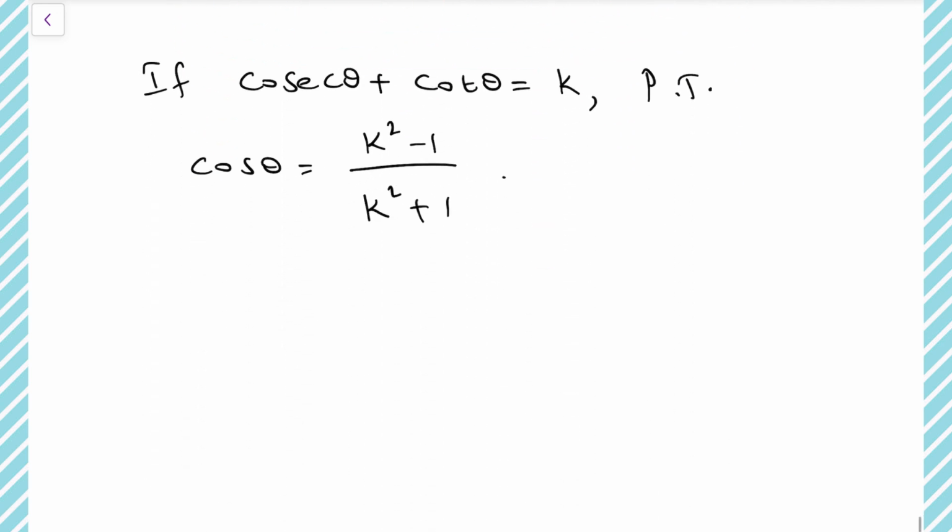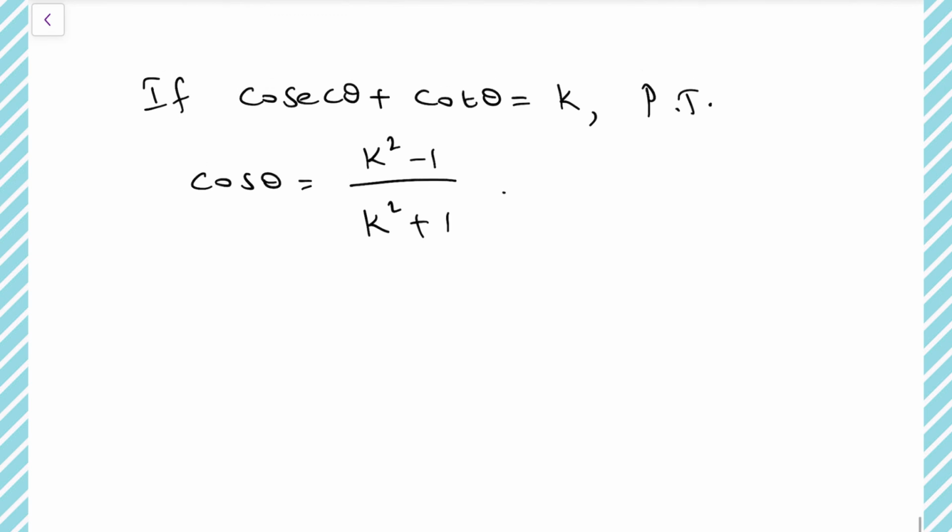Okay, coming to one of the very important questions, especially for the last section: if cosec theta plus cot theta equals k, then prove that cos theta equals (k square minus 1) divided by (k square plus 1). The given condition is cosec theta plus cot theta equals k.